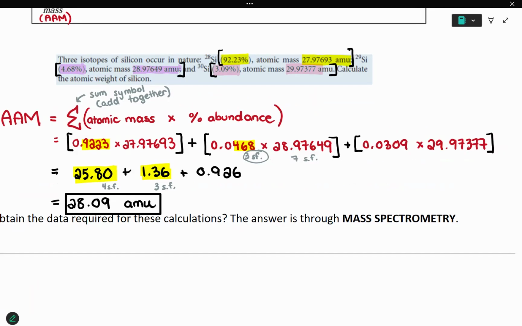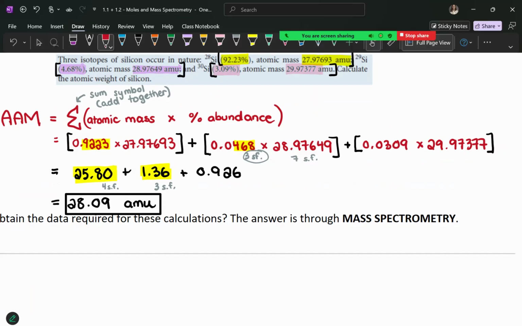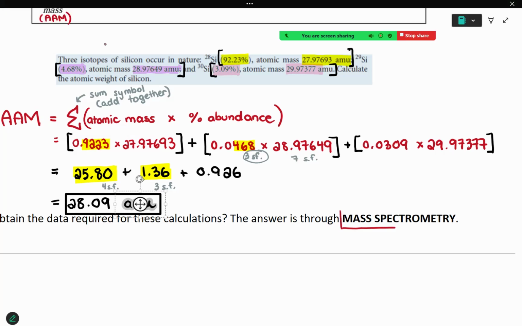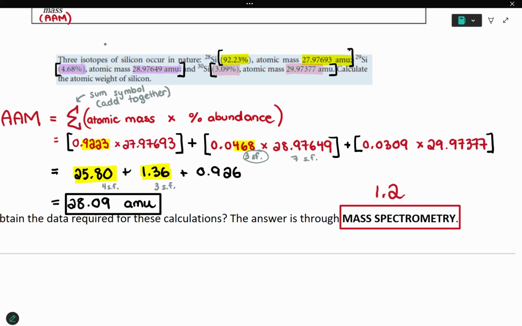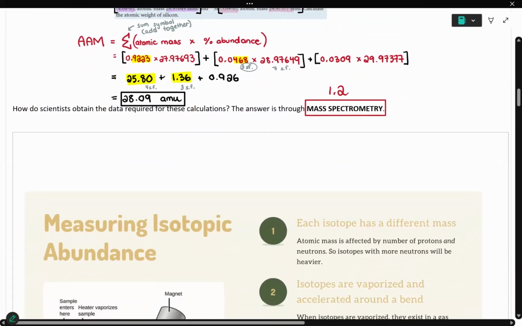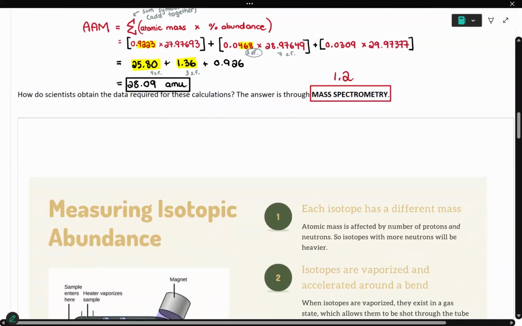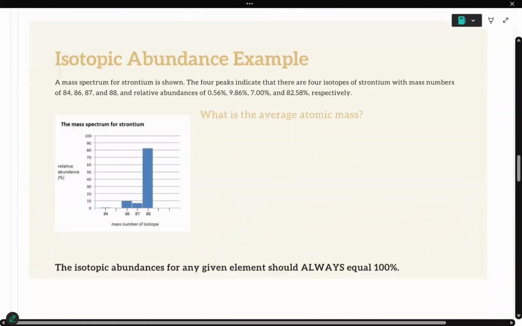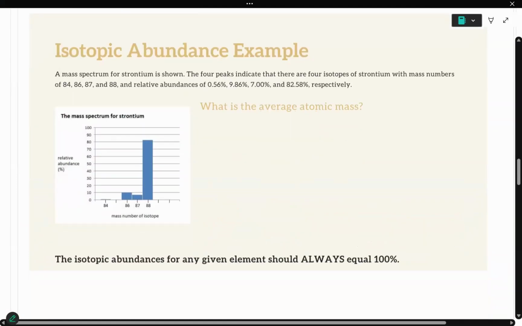Well, there's a way to do that, and it is through an experiment called mass spectrometry, which is 1.2. This is the 1.2 material, and you barely need to know anything about mass spectrometry. I will, however, go through how it works so that you can understand the graph that comes from it.